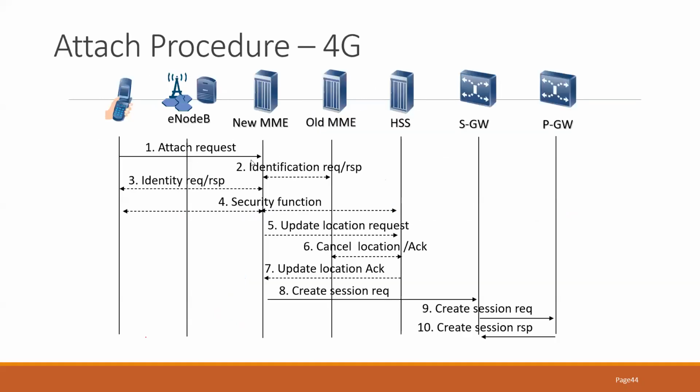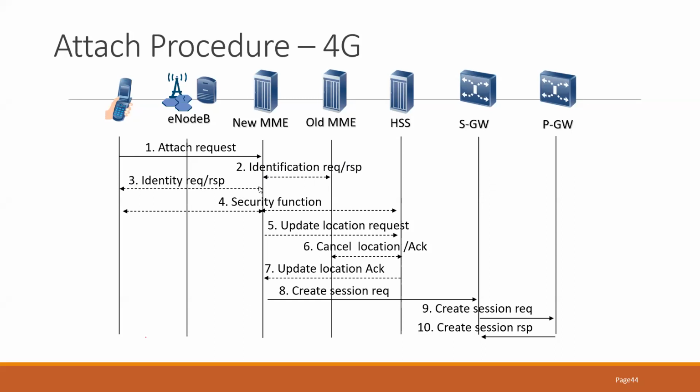It checks that this MME code is not its own, so it identifies which old MME was serving this UE previously. It will send an identification request to the old MME and ask it to share the IMSI. If the old MME has the context available, it will send the IMSI. If it does not have it, then the MME is going to perform an identity request and response with the UE and ask specifically for the IMSI.